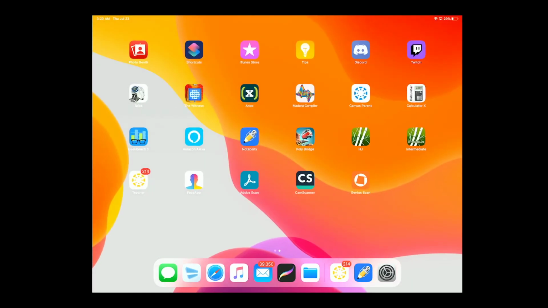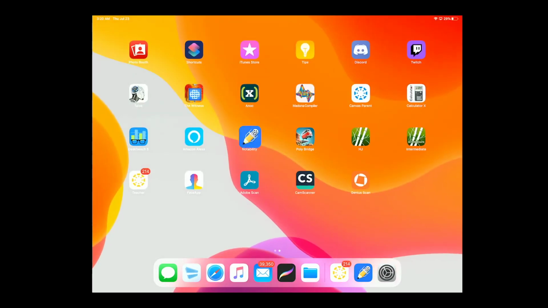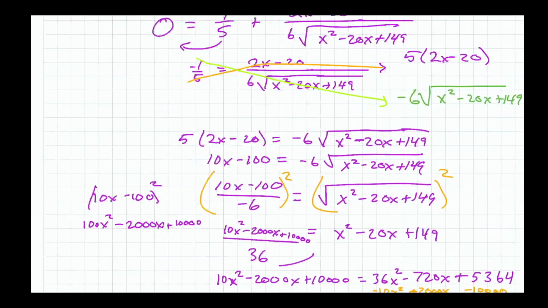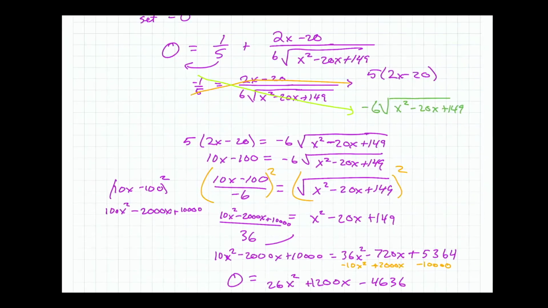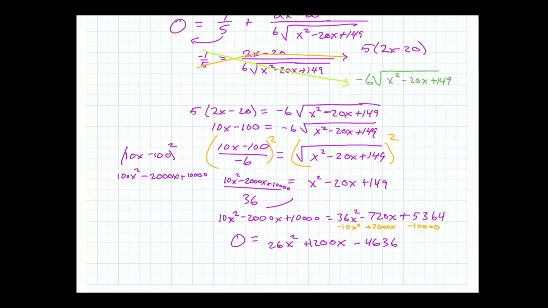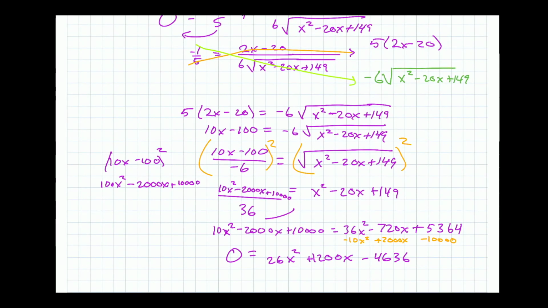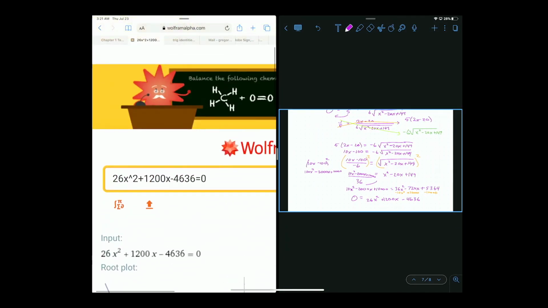So we can look for the mistake. So let's look for the mistake. Let's back it up to here. Well, yeah, actually, we can just do this. So there's a mistake somewhere.